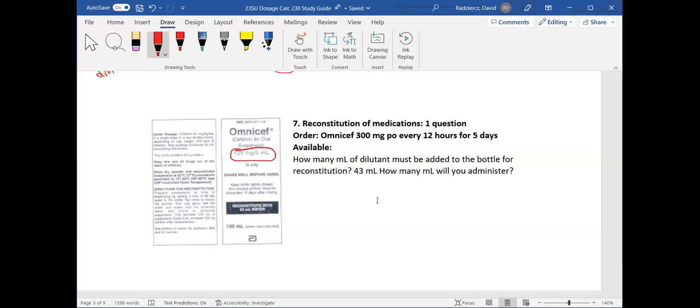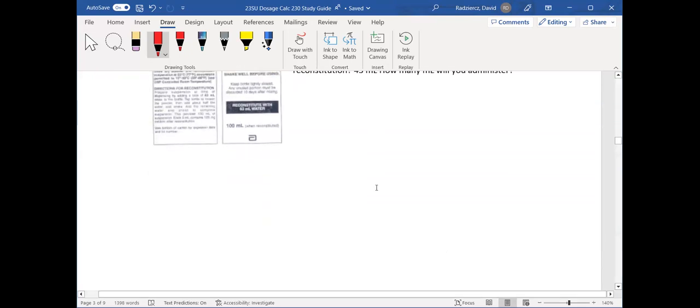I always tell students a good strategy is to do a Google image search for different drug labels so you have an idea what some of these things look like and you're not caught off guard. Most of them look very similar and consistent, I think because that's the law. But the reconstitution labels are the ones that usually look a little bit different. I'll have an example of that in just a moment.